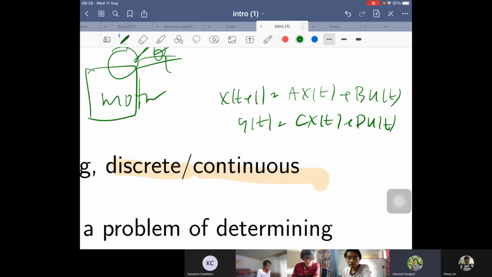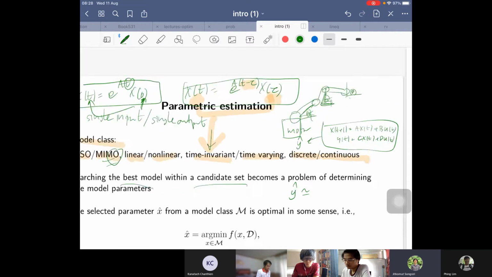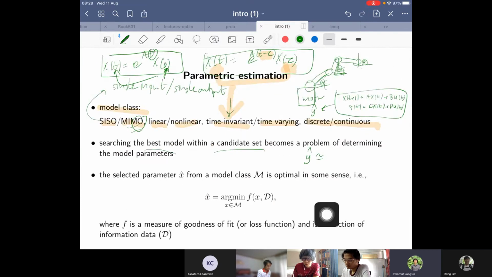Your goal is that you want y, let me call it y hat, from this model to be the best description for the real output you collect from the measurements.